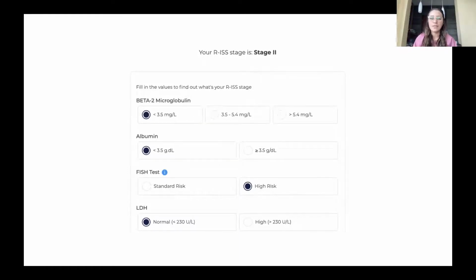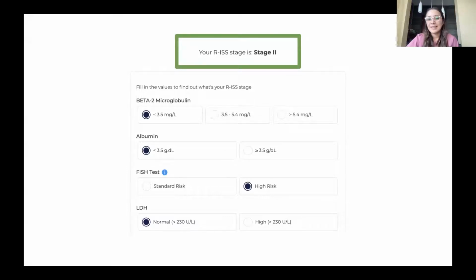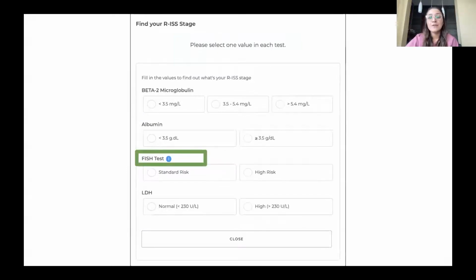So if you think it's different from what your doctor told you, you can just ask us or consult your physician. But the one that we use is the revised one, so that you also know that. We can see the result there. And if you don't know whether your FISH test results are considered standard risk or high risk, you can also consult it here.